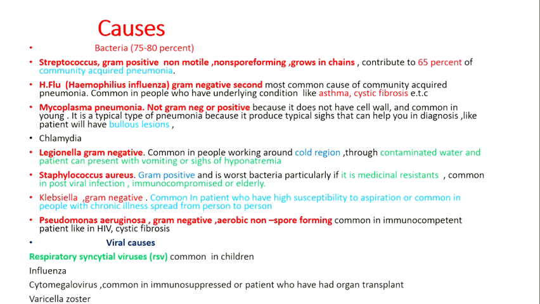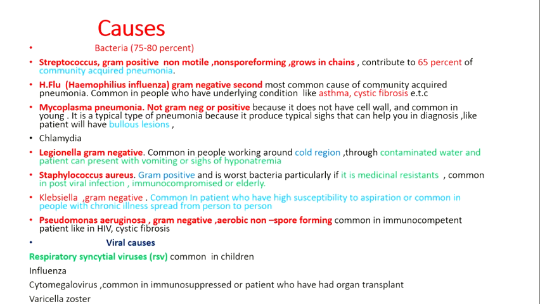Staph aureus is among the causative agents of multiple drug resistance, and it's common in post viral infection or people with an immunocompromised system or the elderly. So it's common with people with HIV and AIDS or any other chronic disease and people who are elderly.